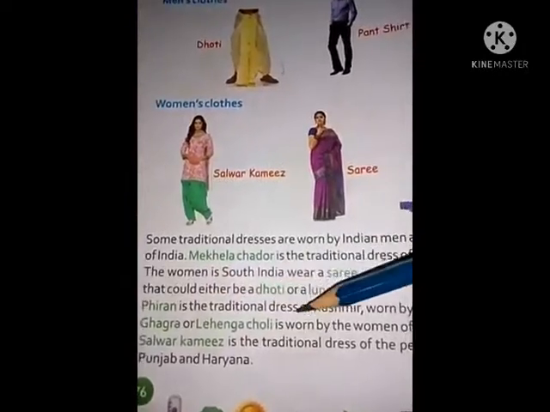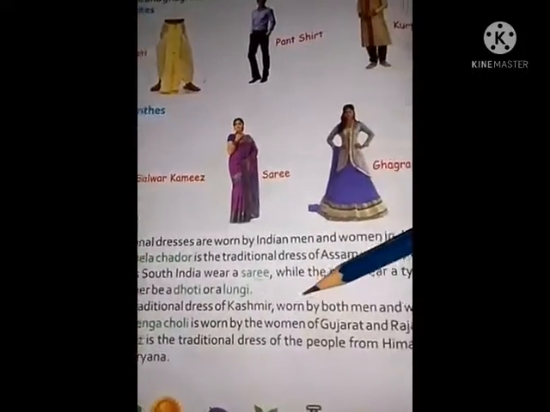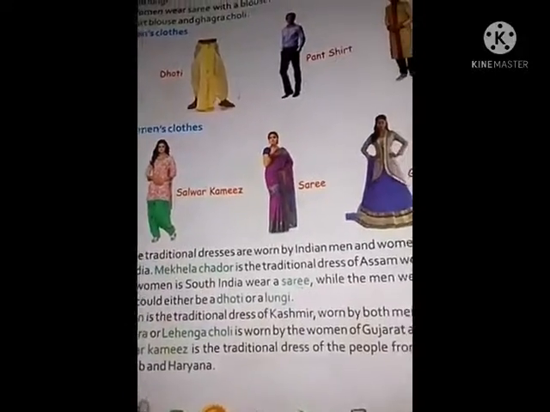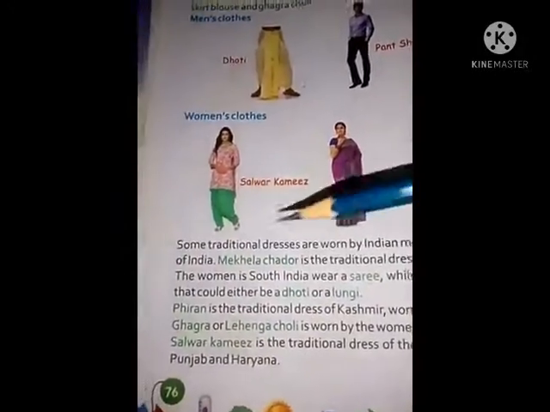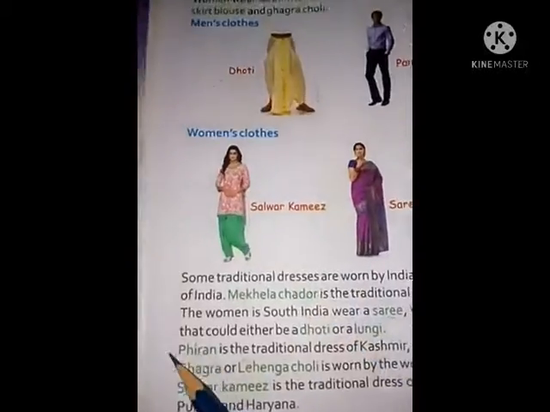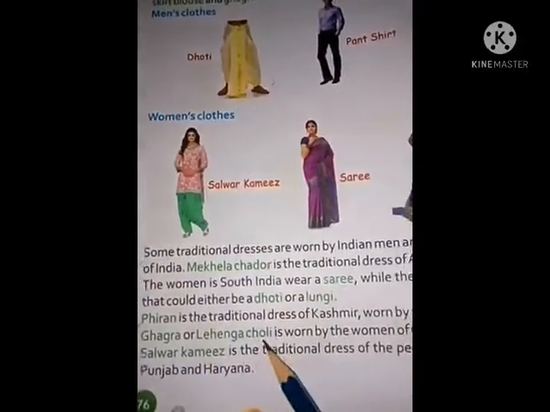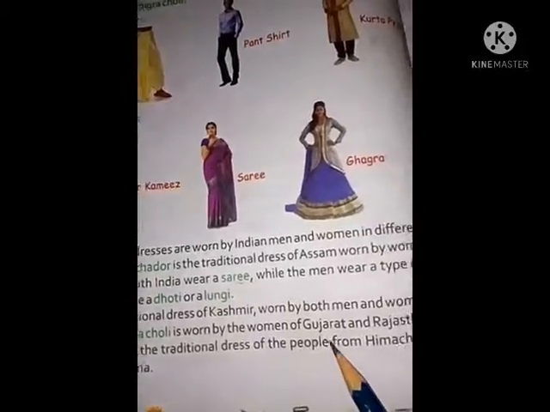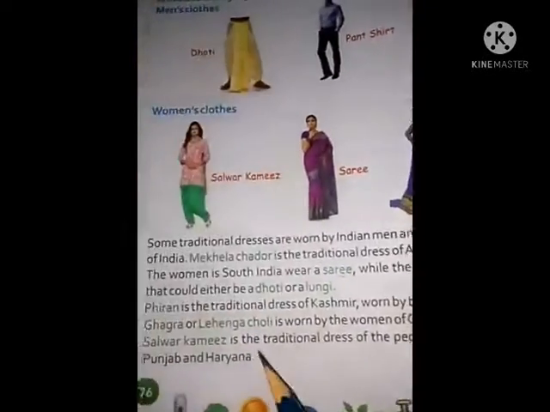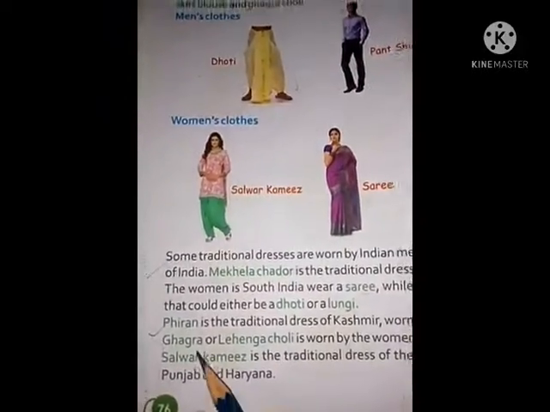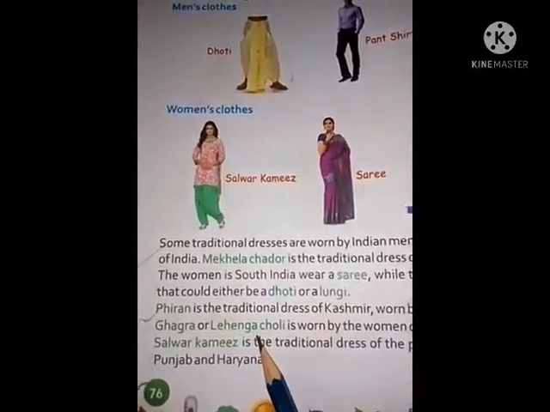Firan is the traditional dress of Kashmir worn by both men and women. So in Kashmir, both men and women wear firan. Okay. All of these are important. Ghagra or lehenga choli is worn by the women of Gujarat and Rajasthan.